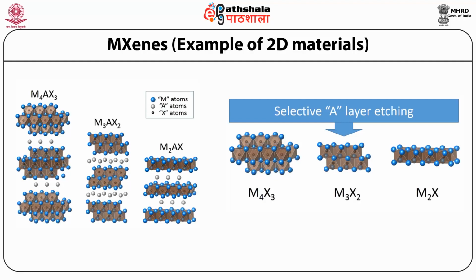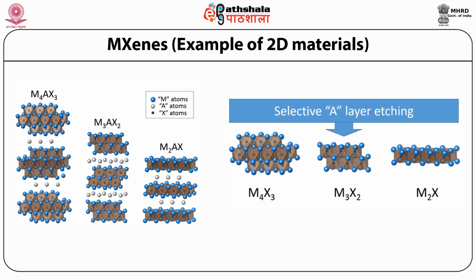Producing MXenes by etching a MAX phase occurs mainly by using a strong etching solution that contains fluoride ions, such as hydrofluoric acid, ammonium bifluoride, and a mixture of hydrochloric acid and lithium fluoride.